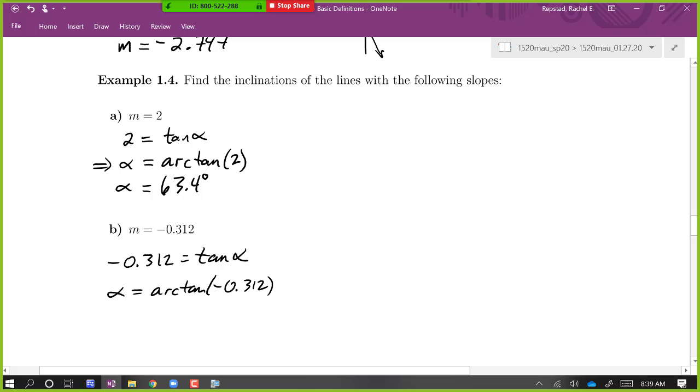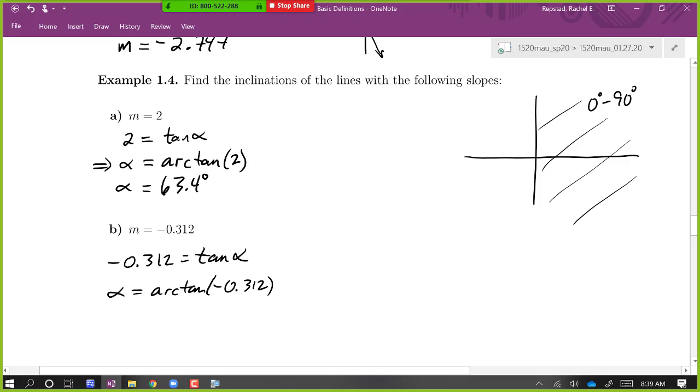So what we need to understand about the arctan function is that arctan will only give angles over here. The angles in the first quadrant, it will give you as positive angles from 0 to 90 degrees. But down here, it'll give you negative angles from 0 to negative 90 degrees.